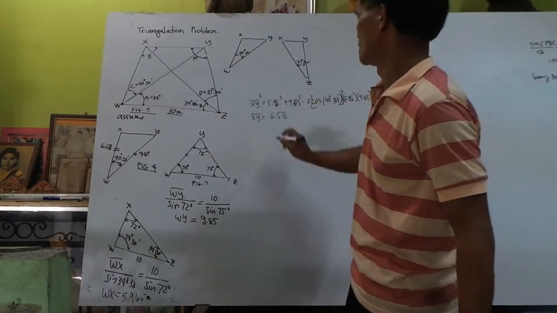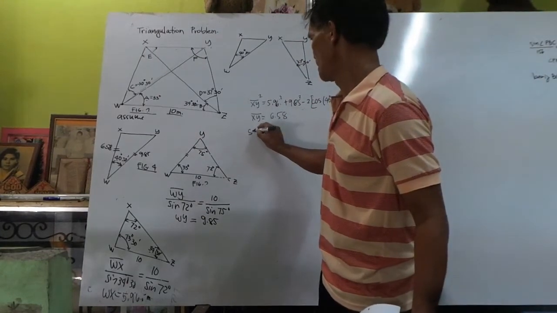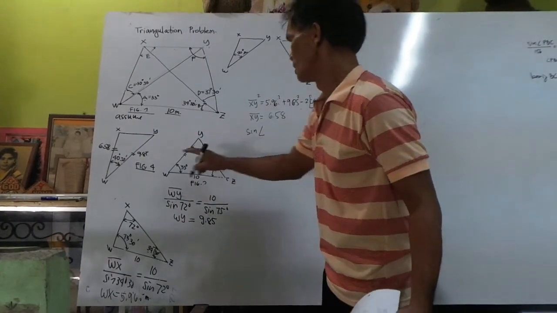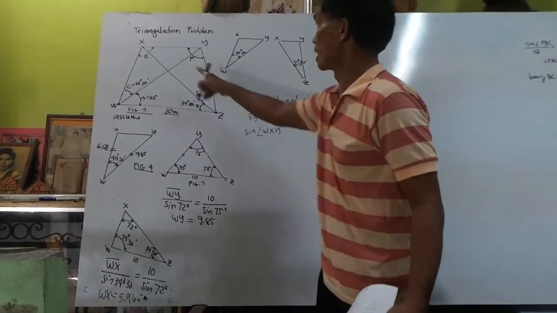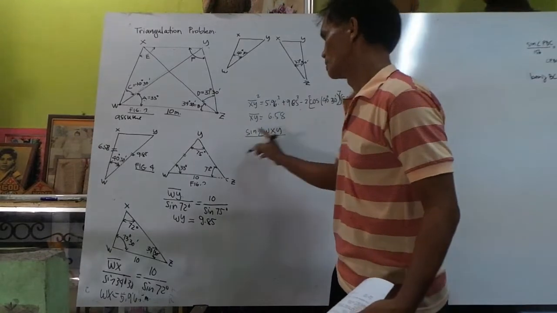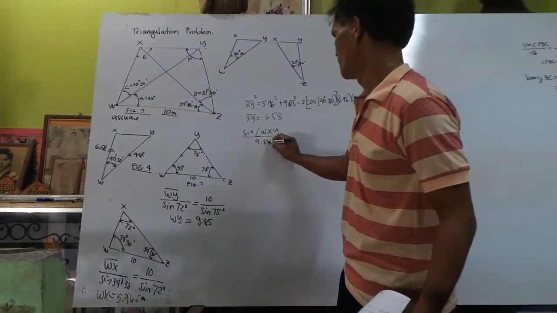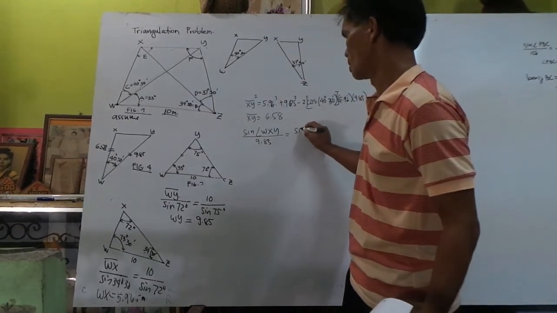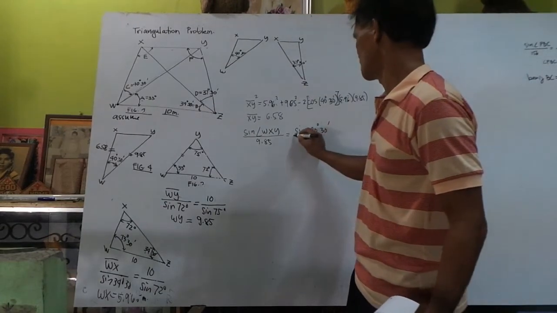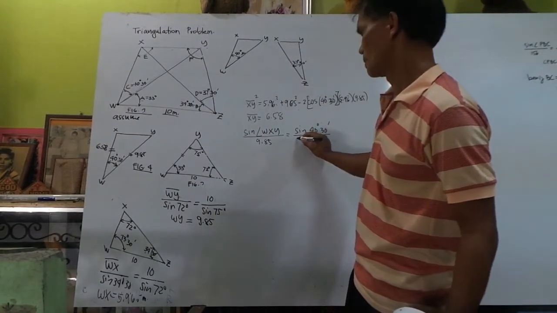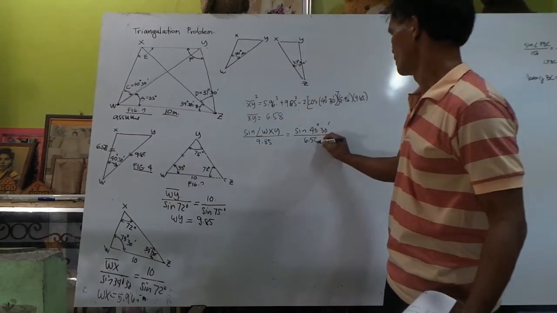So using the sine law, we can have sine of angle WXY, which is also equivalent to your angle A, is to 9.85 as sine of 40 degrees 30 minutes is to this distance, 6.58.